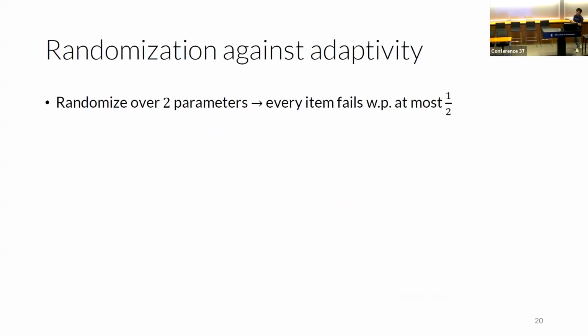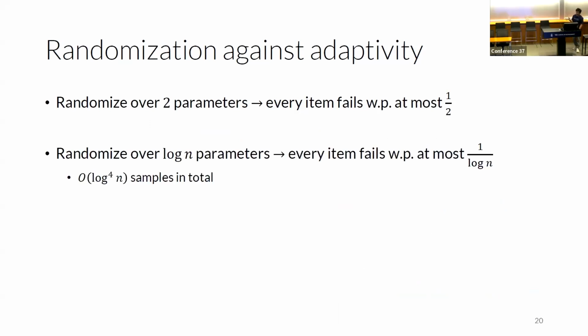So the only thing we need to do is to randomize over these two sets and two parameters. In this way, every item fails with probability at most a half. And finally, since this subroutine would be called multiple times, we actually need the failing probability to be at most 1 over log n, which results in log n to the 4 samples in total.